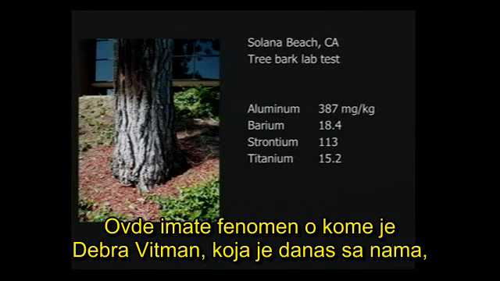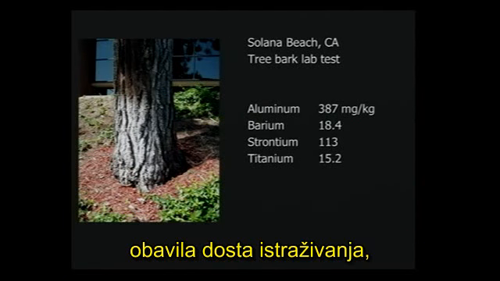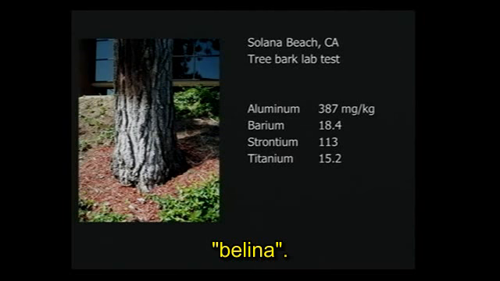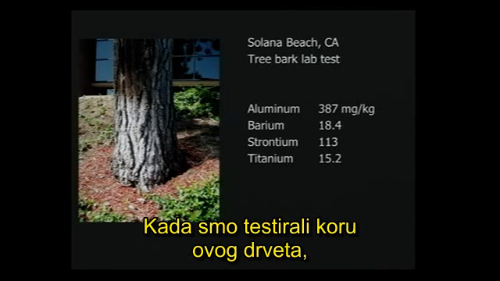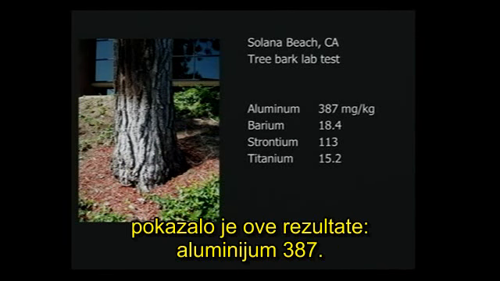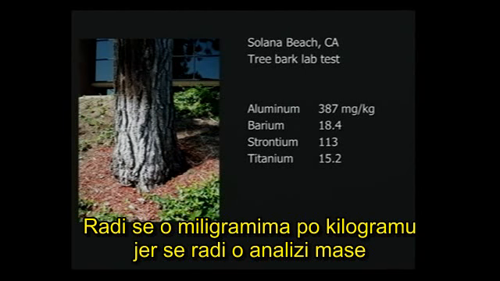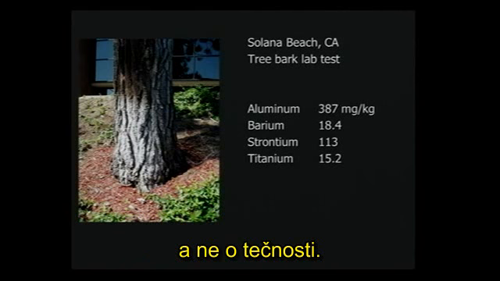Here you have a phenomenon that Deborah Whitman, who's here with us today, has done a lot of research on. We call it the tube sock effect on trees. You see white bark, and when we tested the bark of this tree, it showed these readings: aluminum 387. Now this is milligrams per kilogram because this is a mass analysis rather than a liquid context.